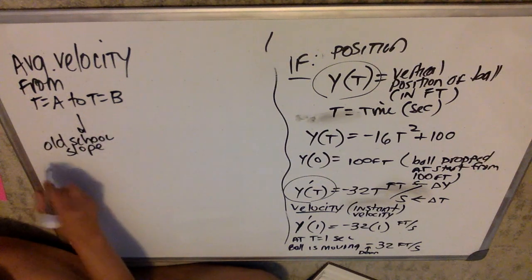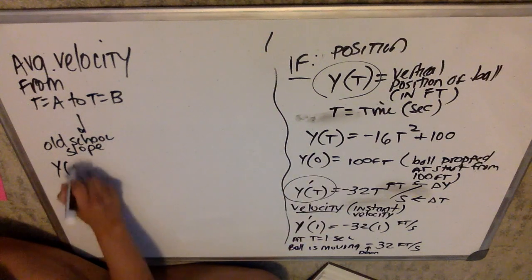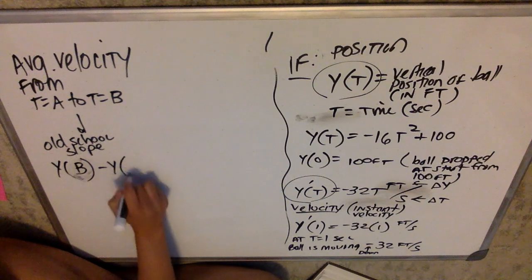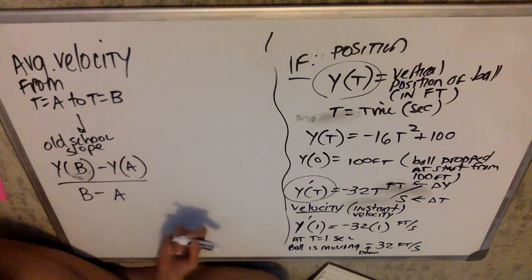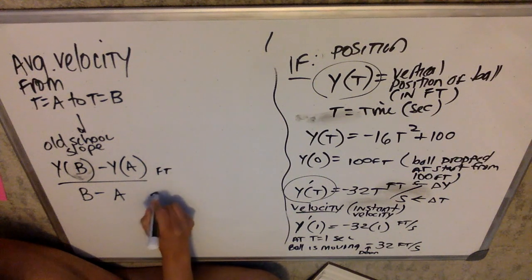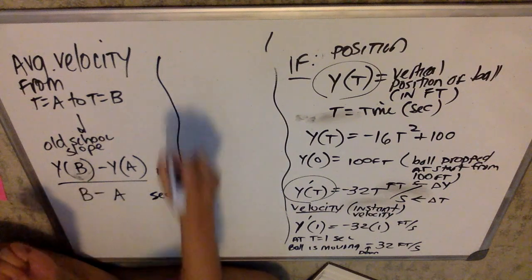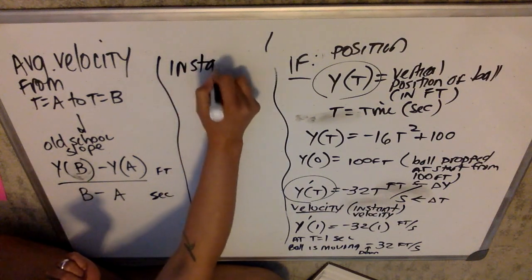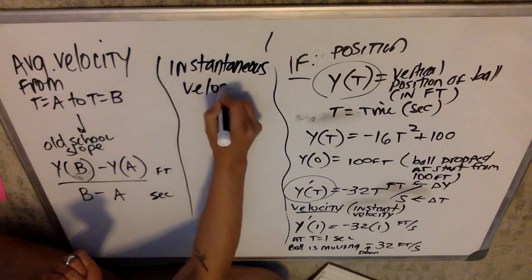In this case, my position was y, so it would be y of b minus y of a, over b minus a, because that's my change in position over my change in time. This would be in feet and this would be in seconds, and that would be my feet per second. But if I want the instantaneous velocity, if we want to be all fancy, right?